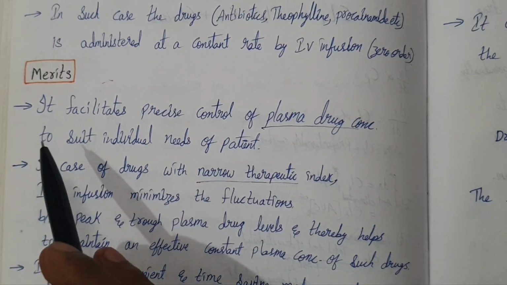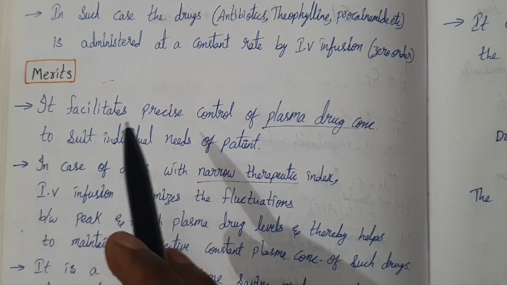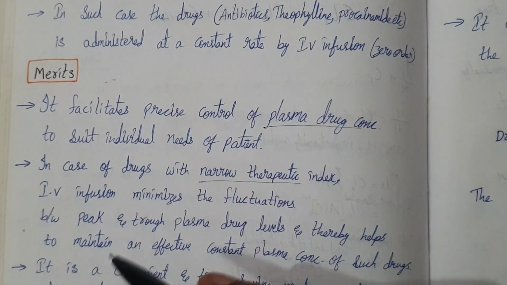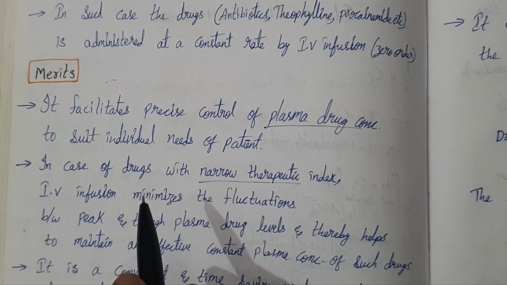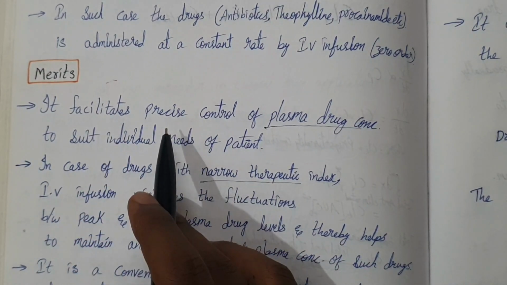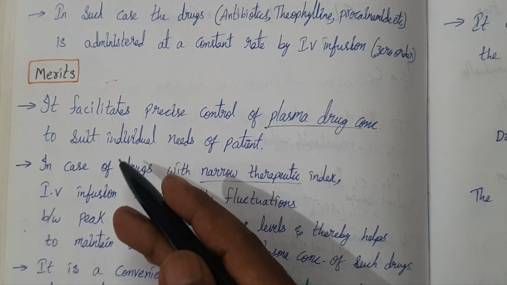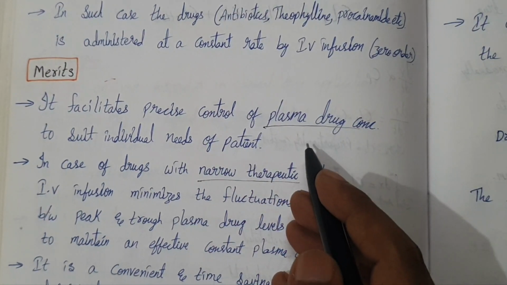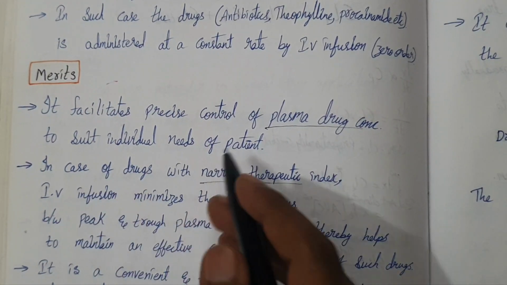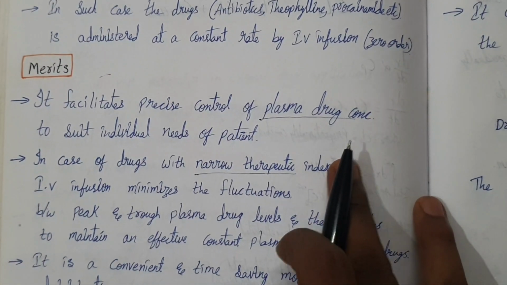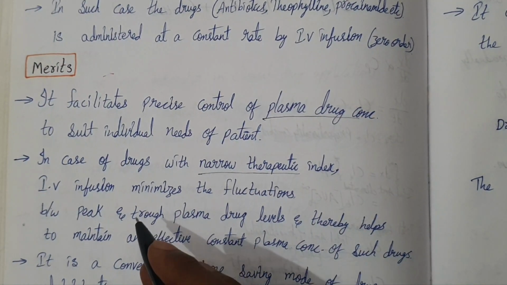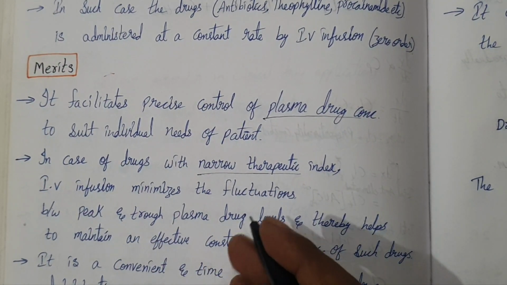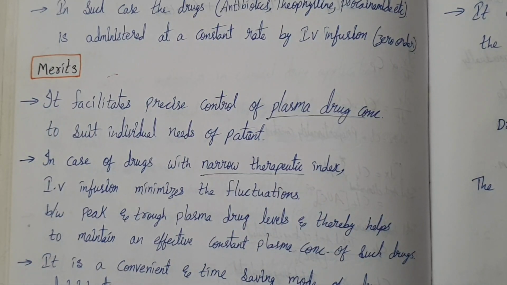And here we have the merits. The advantage of continuous IV infusion is that it helps to control plasma drug levels precisely in an individual, and it is ideal for drugs with a narrow therapeutic range.